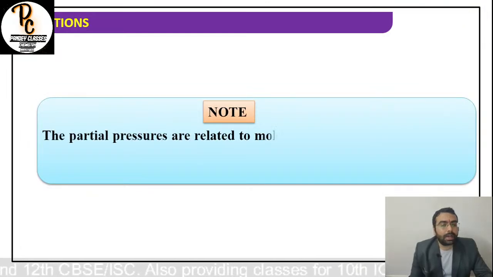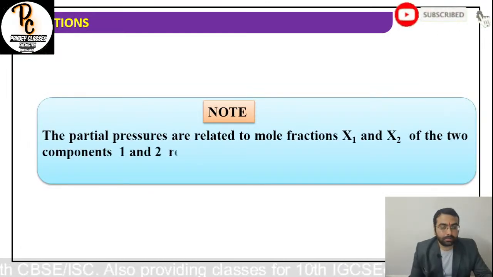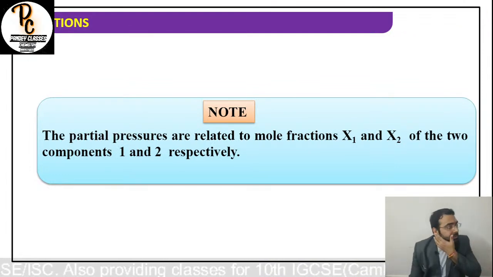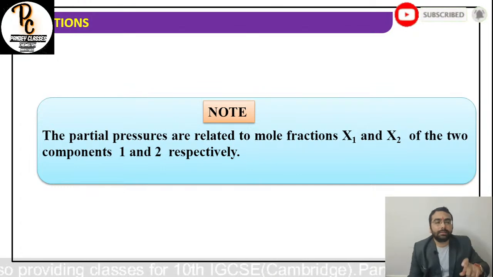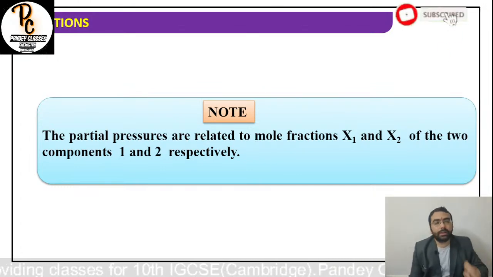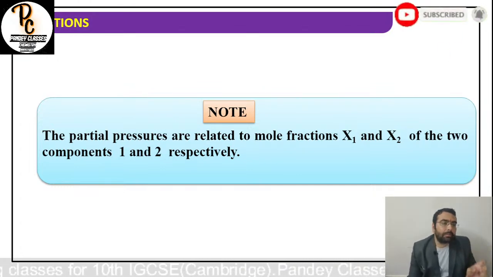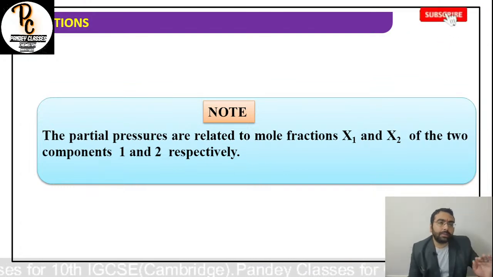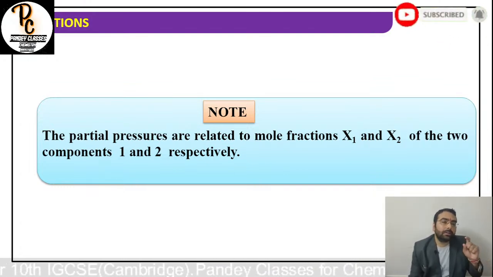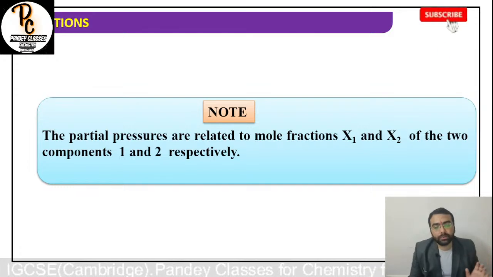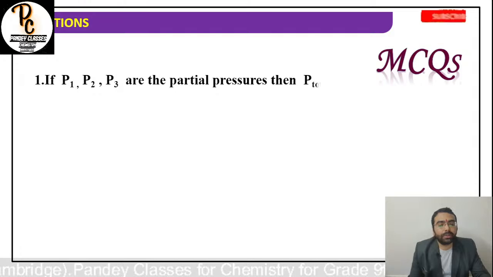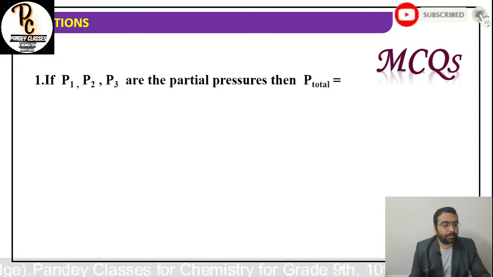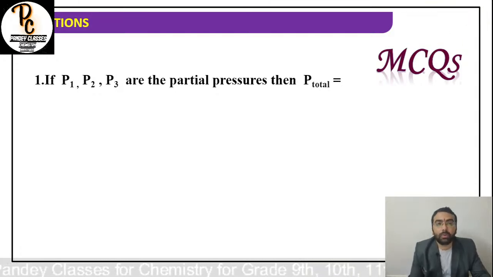The partial pressures are related to mole fractions. The term itself suggests that partial means part of the pressure exerted by some component. Partial pressure means the part of the pressure exerted by some component of the solution. If P1, P2, P3 are the partial pressures, then what will the total pressure be?